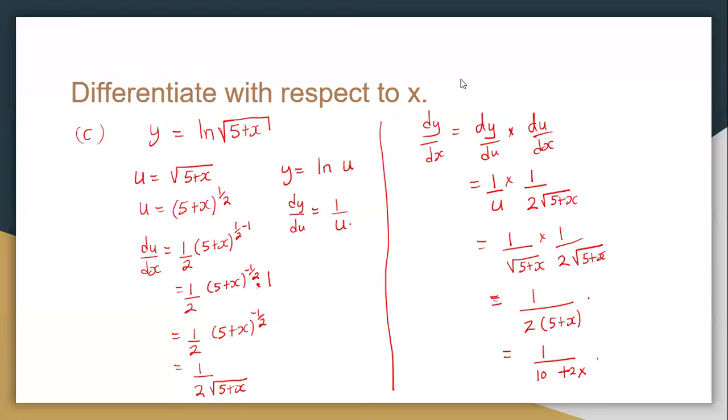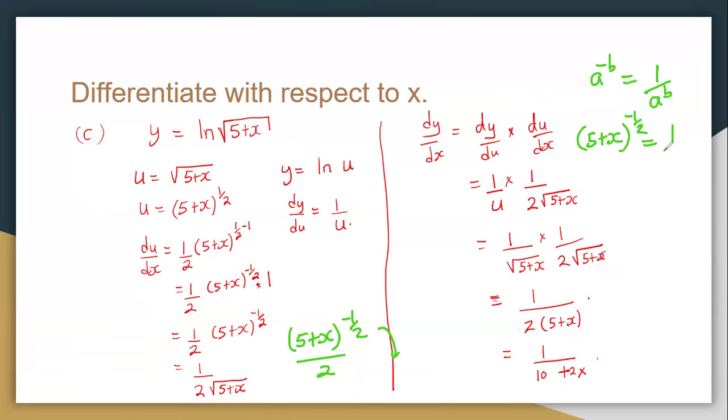However, remember, when you use the rule that a power negative b is the same as 1 over a power b, when you have 5 plus x power negative a half and you apply the indices law, it's the same as 1 over 5 plus x power a half.